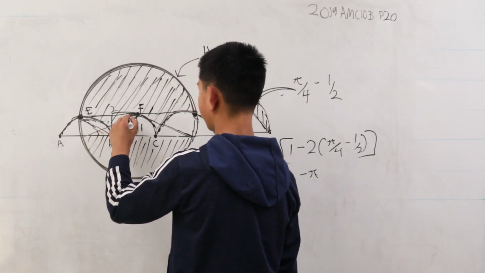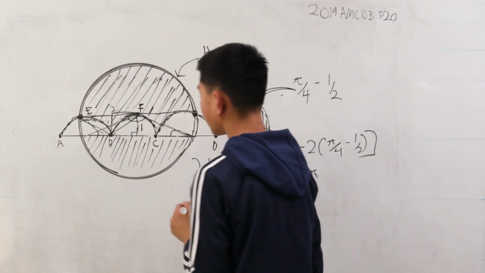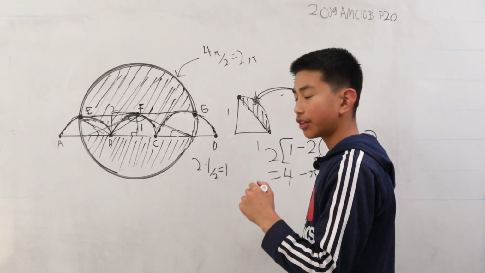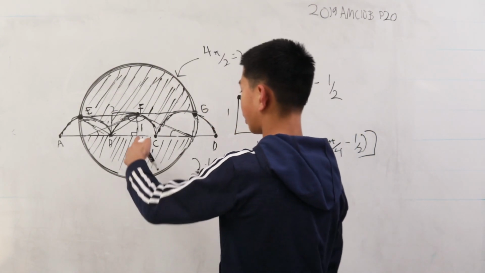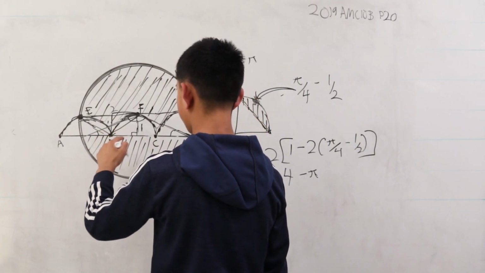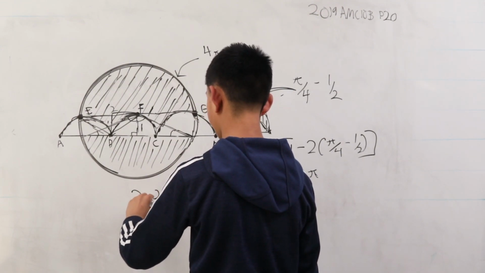This is 30 degrees, this is 60, this is 60, and this is 30. By the 30-60-90 triangle criteria, this smaller leg is going to be root 3, so this entire leg is going to be 2 times root 3.